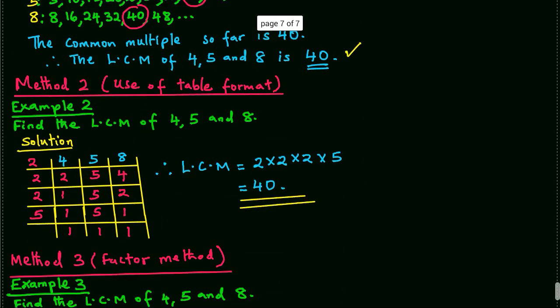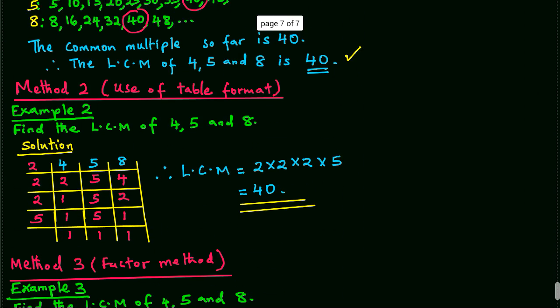The second method is by use of a table. So in this case, we are again required to find LCM of 4, 5, and 8. So in the table, we look for factors that divide all the numbers, starting with the least factor.